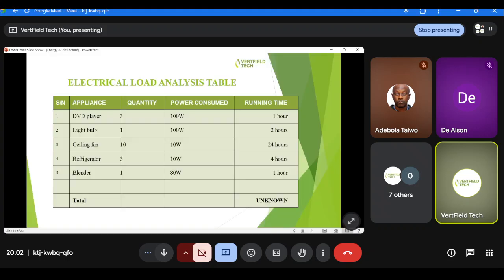All right. So we are back to our electrical load analysis table. Once again, before we proceed to the final stage, which is now the complete design stage for us to know the energy being consumed by these appliances, we want to take a break again. We want to take a pause here while we are looking at this table.